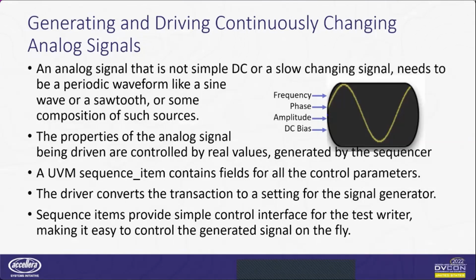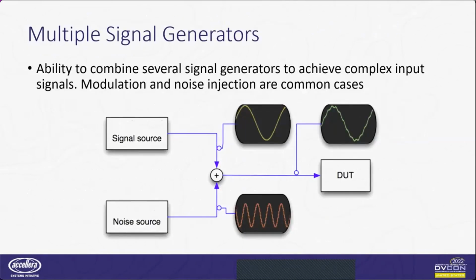So in the same way, UVM AMS will rely on these sequence items to provide a relatively simple control interface for the test writer that's going to make it easy to control the generated signals on the fly. So if we have this ability to define a set of sequence items through a driver to control analog signal generators, we can then combine multiple signal generators to achieve more complex input signals.